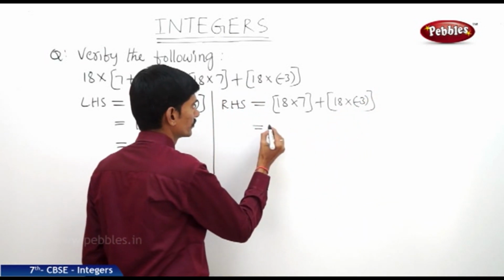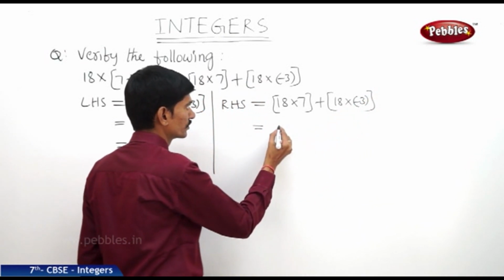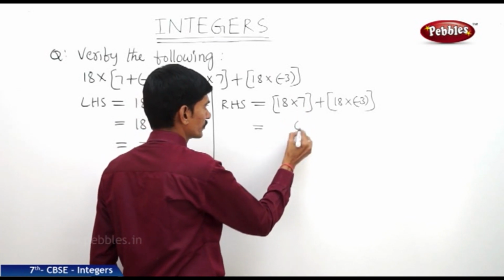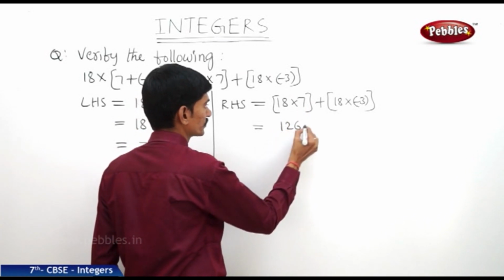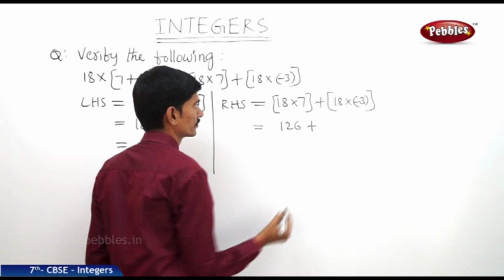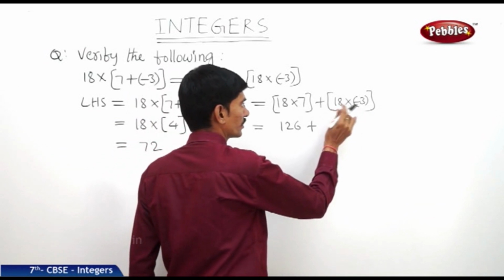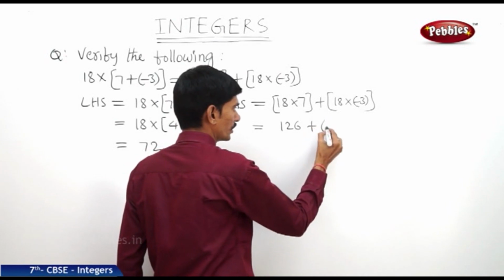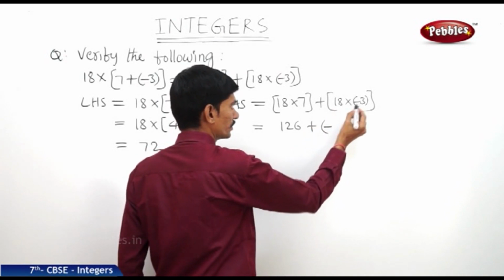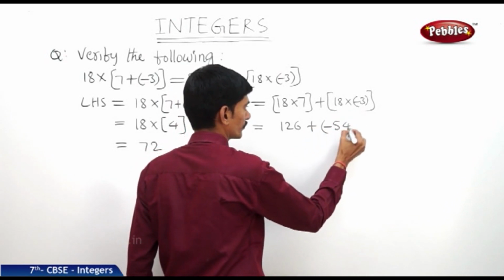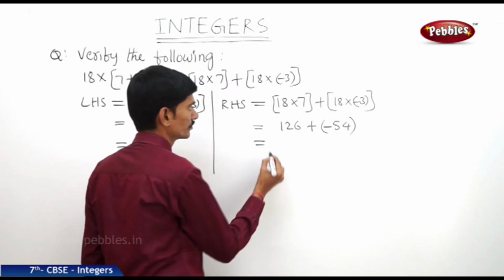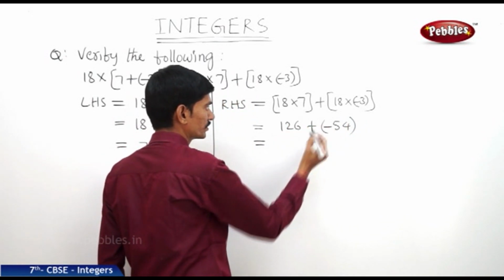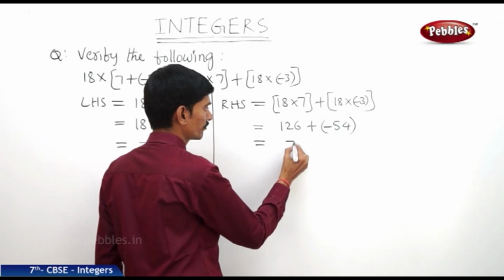Now this equals 18 7s are 126 plus 18 into 3. Here the product of a positive and a negative integer becomes a negative integer, and 18 3s are 54. Now this equals 126 minus 54, so this is 72.